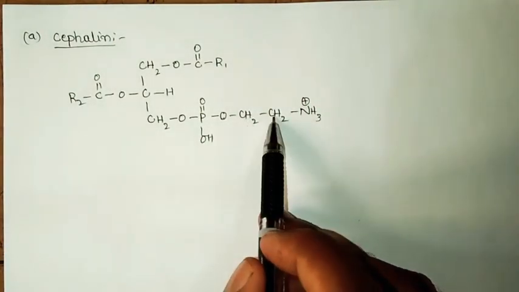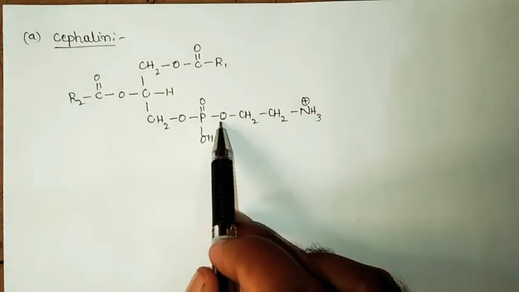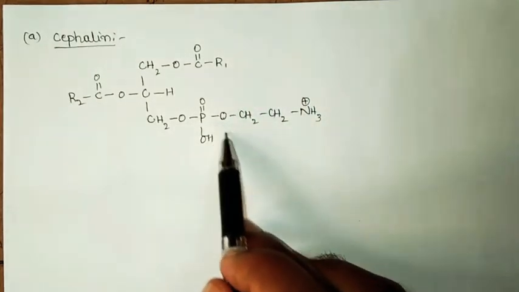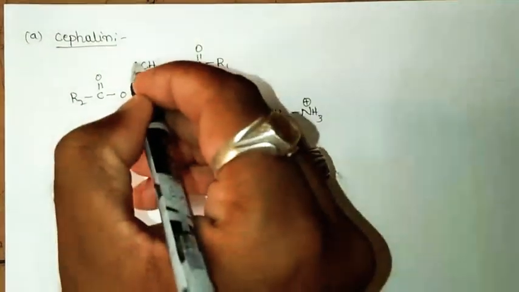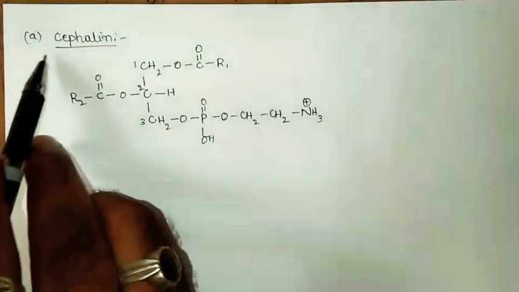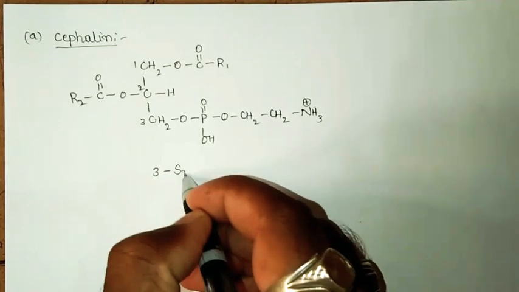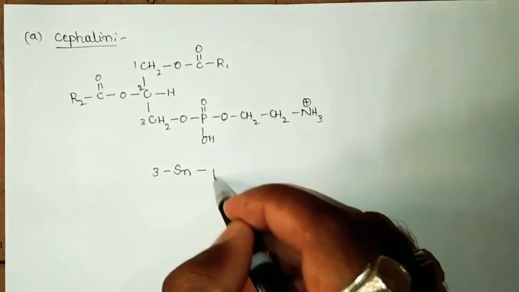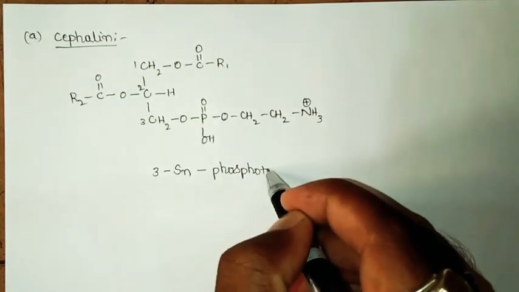There are two carbon atoms, so ethane, and that is an amine, and since there will be one OH group next to this, it is ethanolamine, which is present at the third position. So 1, 2 and 3. We can say the complete name of cephalin has the third position as the stereospecific number, and this whole component gets the name phosphatidic acid.